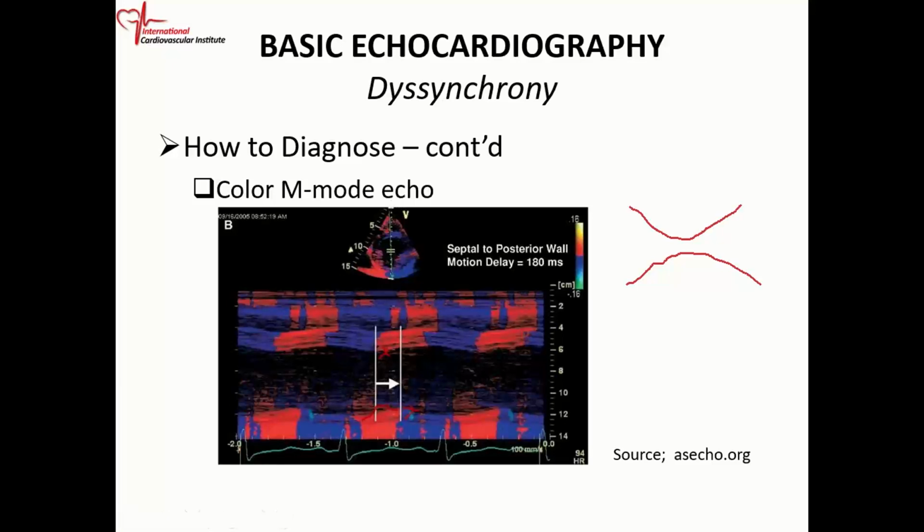If it's away from the transducer, then it's going to be in blue. So when the septum contracts, the junction between the blue and the red would be systole, and then the same thing for the posterior wall, and you get the same delay.